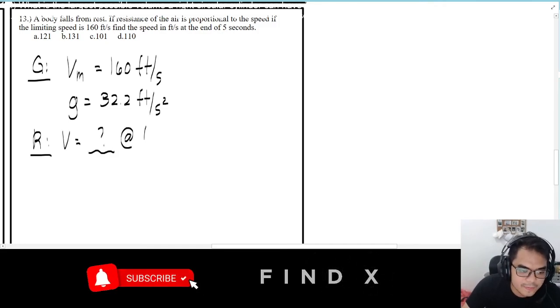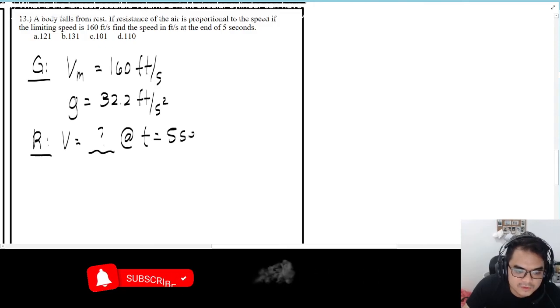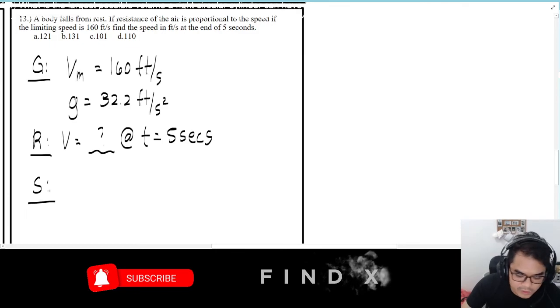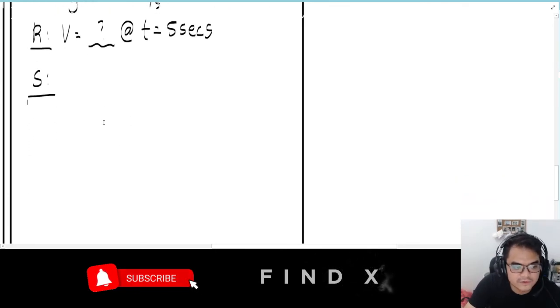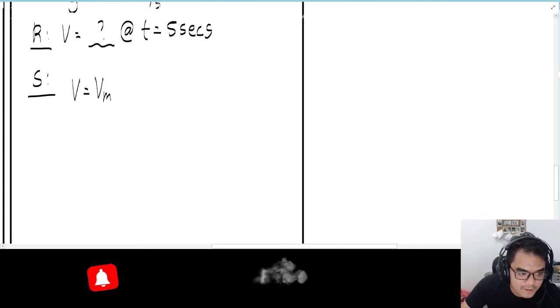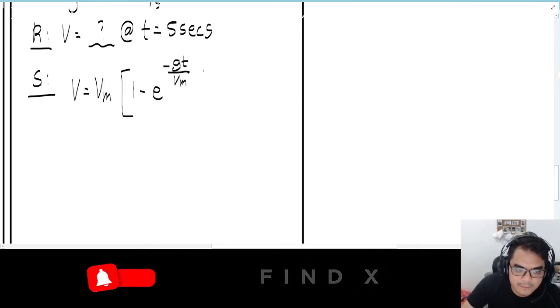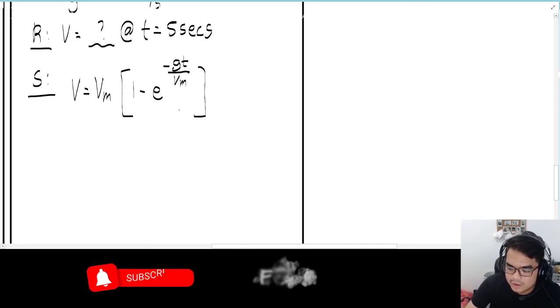Velocity at t equal to 5 seconds, right? So let's have the solution. For this one, I already derived the formula. So V is equal to Vm times 1 minus e raised to negative gt all over Vm. So this will become your formula.